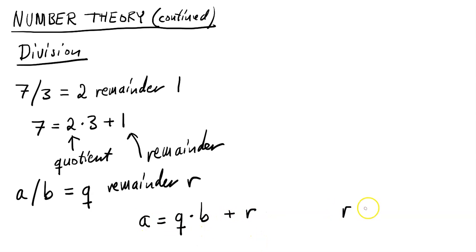And here the remainder is a number smaller than the divisor B and larger than or equal to 0. So with the remainder in this interval, the quotient and the remainder always exist and are unique. So this will always be a unique quotient and a unique remainder, having this condition on it. So this is division in number theory.